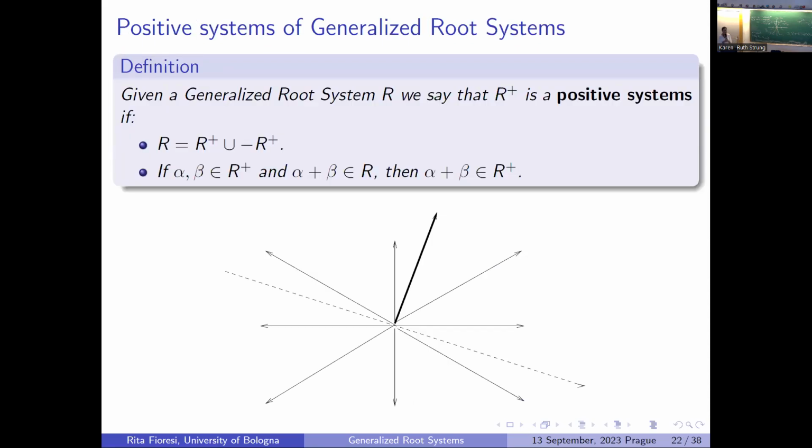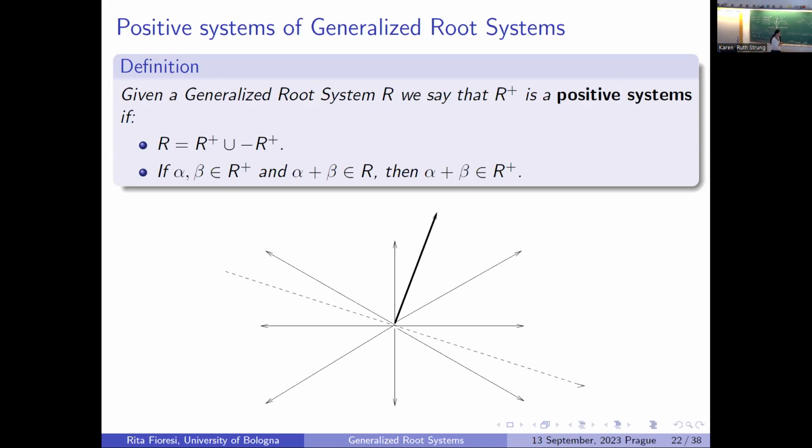Okay, if you have a generalized root system, you can define a positive system. Now, if you don't know Lie theory, that's going to be a problem, but if you do know Lie theory, you know exactly what a positive system is: you get a hyperplane, and then you get the positive part of the hyperplane and the negative part, and whatever is in the positive part is called positive.